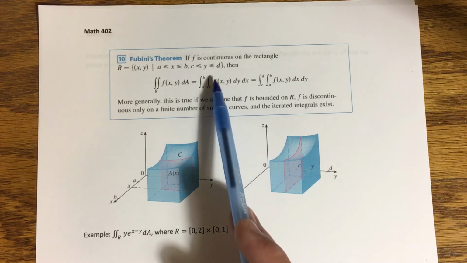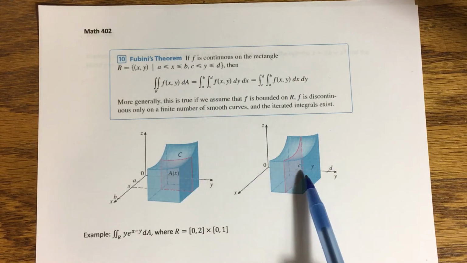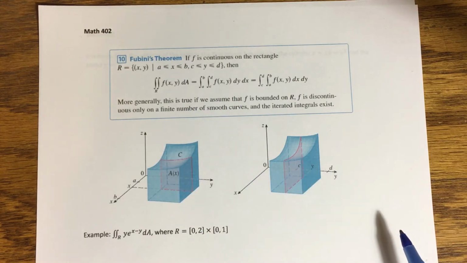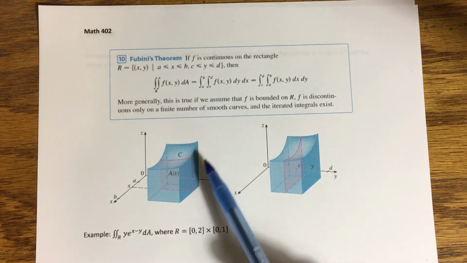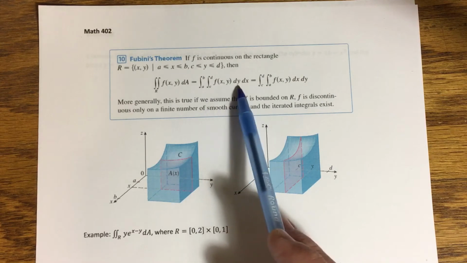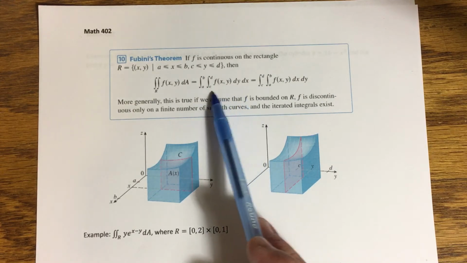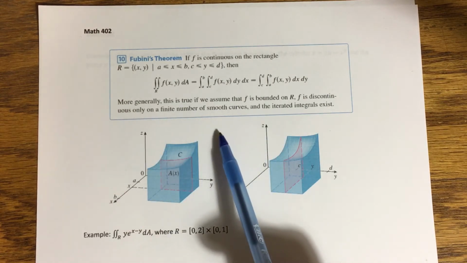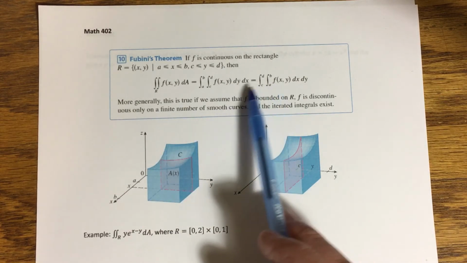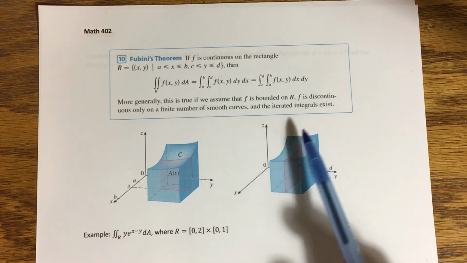So this c and d, remember, corresponds to an interval on the y-axis. So these are treated as y values, a and b are treated as x values. They should correspond to whatever variable we're integrating with respect to. So Fubini's theorem says that the order doesn't matter as long as we make the necessary adjustments here.